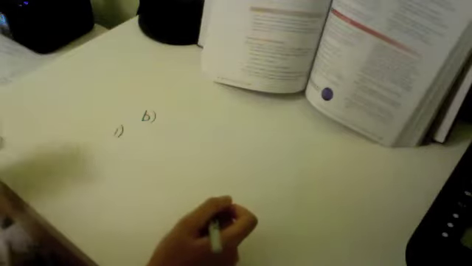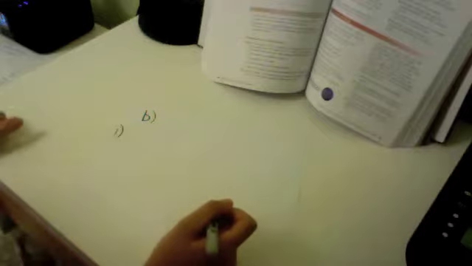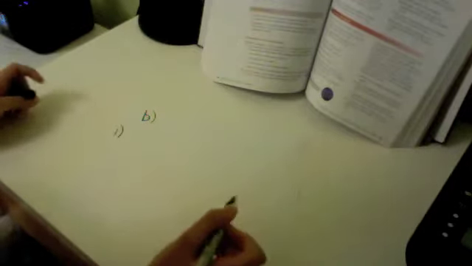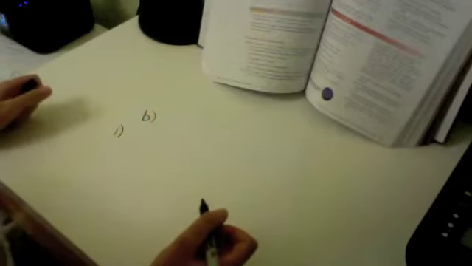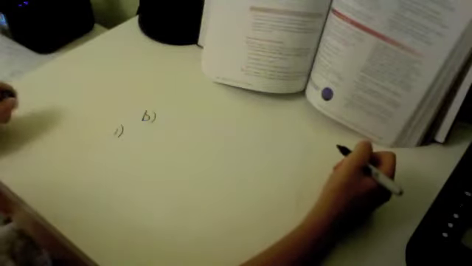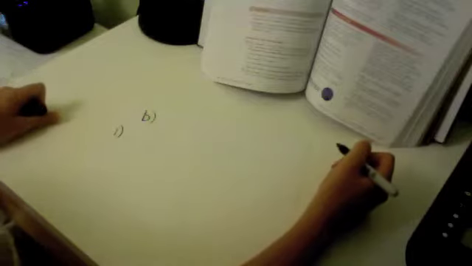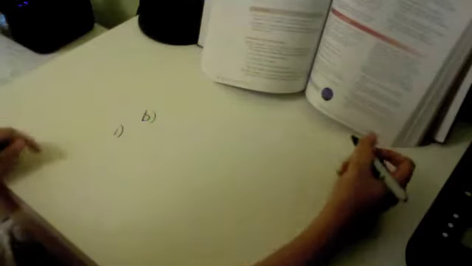So question B is a little more straightforward. For the given signal, so the signal that they give us in the question, determine i, the period T in seconds, ii, the frequency f in hertz, and iii, the amplitude A in volts. So I'm going to start by doing i, the period T in seconds.